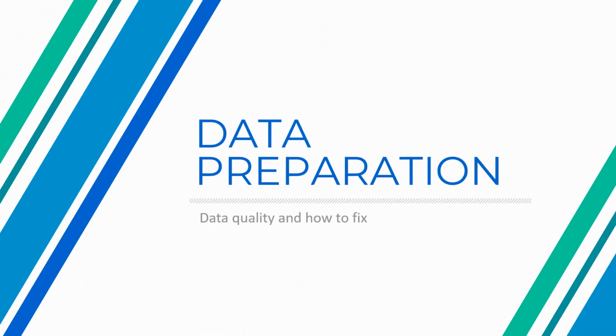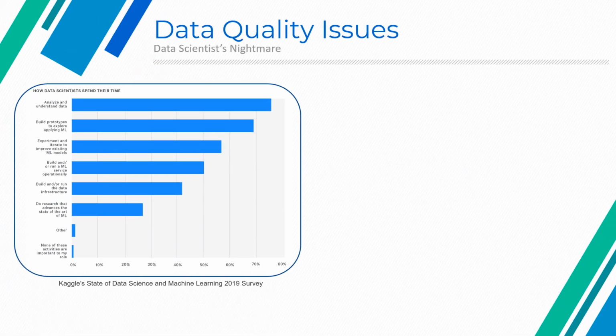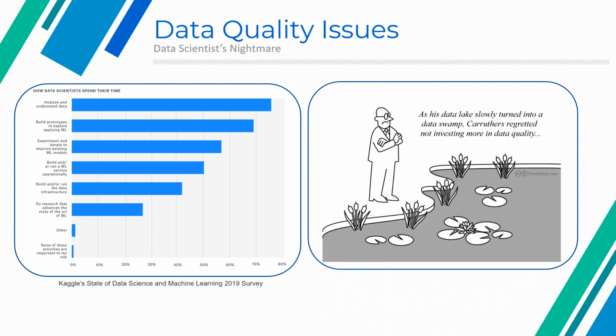Data preparation. Let's talk about data quality and how to fix it. We all know about the data scientist nightmares, which is dealing with data quality issues. In the Kaggle Survey 2019, data scientists spend more than 70% of their time in analyzing and understanding the data, including the pre-processing and cleansing stage.